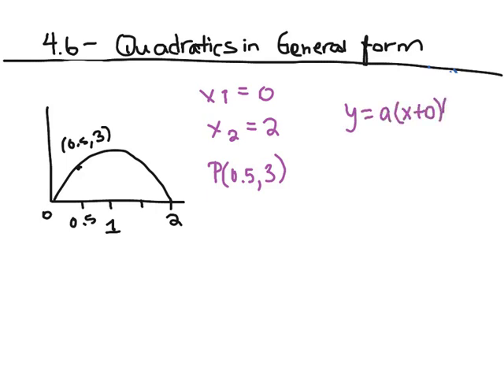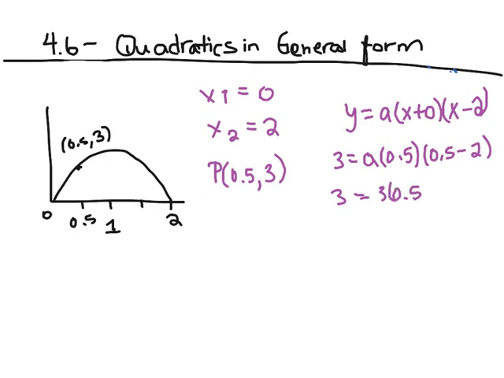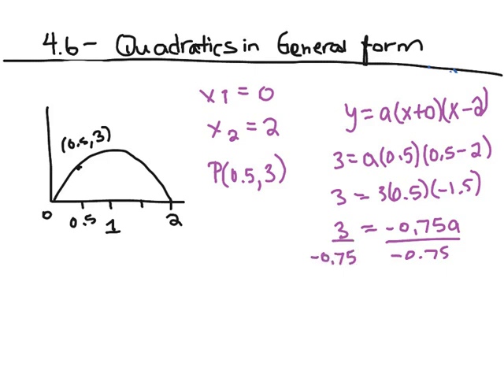And we're going to substitute our point in, so 3 equals a times 0.5 times 0.5 minus 2. So 3 equals a times 0.5 times negative 1.5, which is negative 0.75a. Divided by negative 0.75 on both sides, and negative 4 equals a. So that's our value for a.